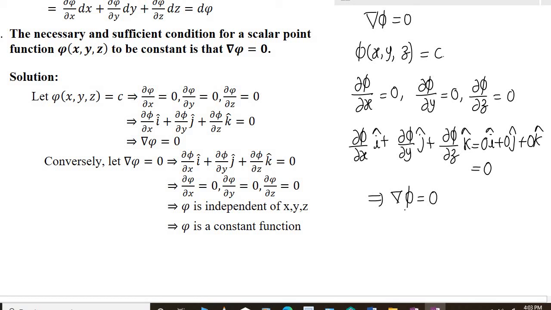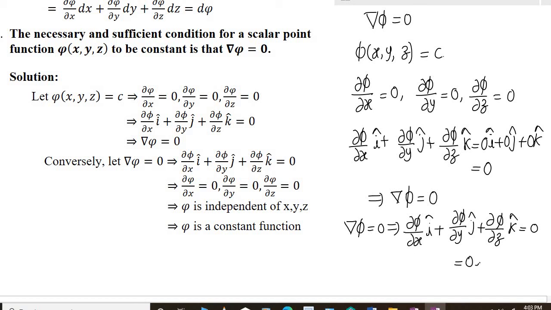Case 2, take grad phi equal to 0, which implies ∂phi/∂x i cap plus ∂phi/∂y j cap plus ∂phi/∂z k cap is equal to 0. 0 means 0 i cap, 0 j cap, 0 k cap.